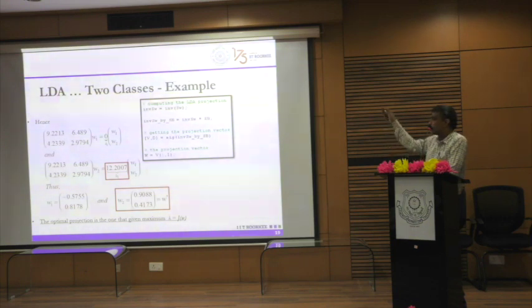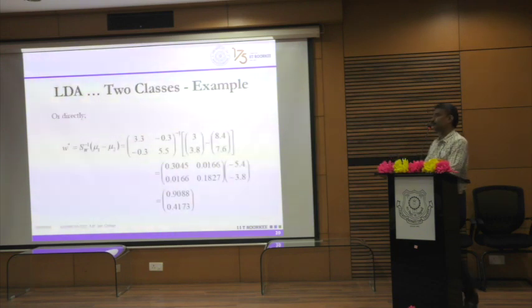So now I consider the largest eigenvalue, 12.2, and the corresponding eigenvector W2: 0.9088 and 0.4173. You can get the same directly when you apply SW inverse into (mu1 minus mu2). Either you use this method or your traditional eigenvalue, eigenvector solving method.